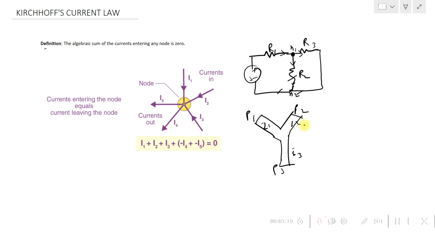If we want the water to flow in through all three pipes towards this junction, then it's impossible, right? If the water flows from all three directions, the pipe will burst. So it's not possible.